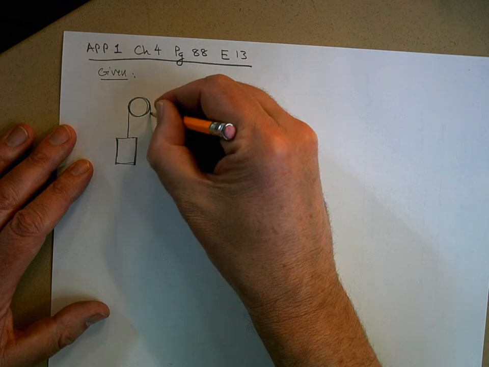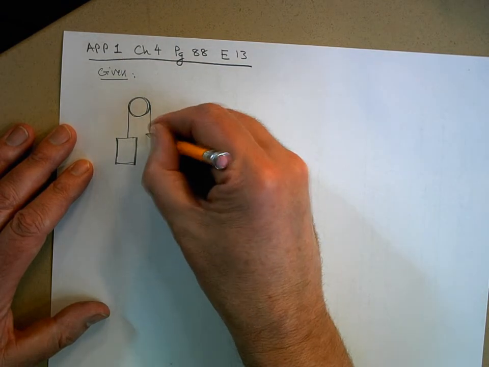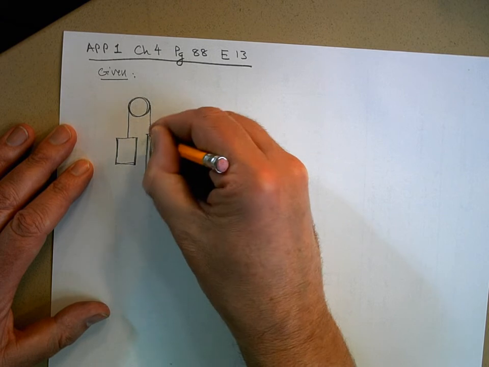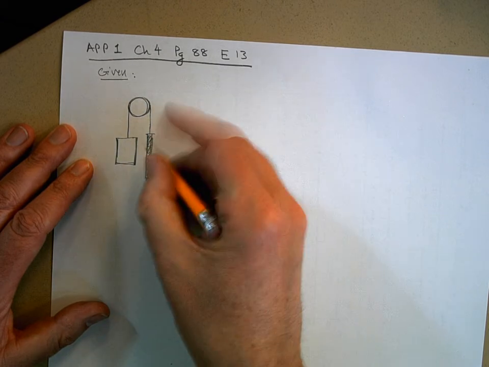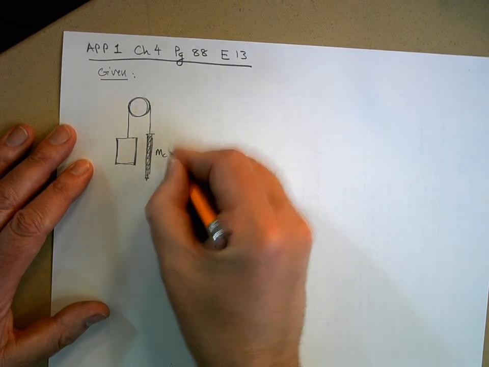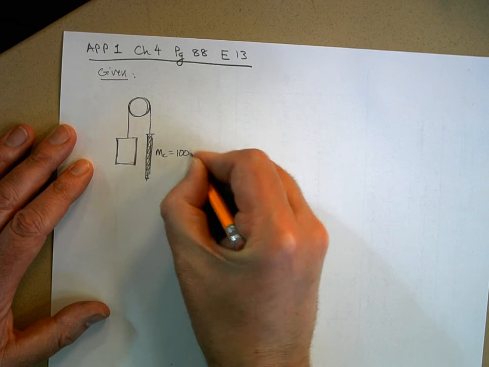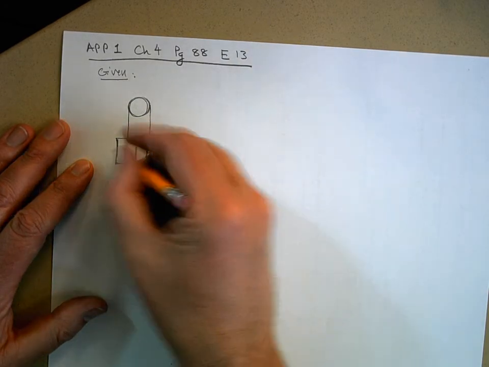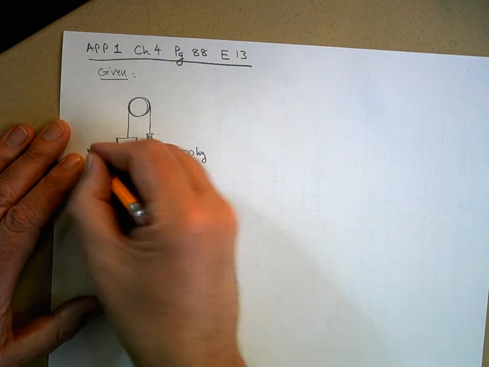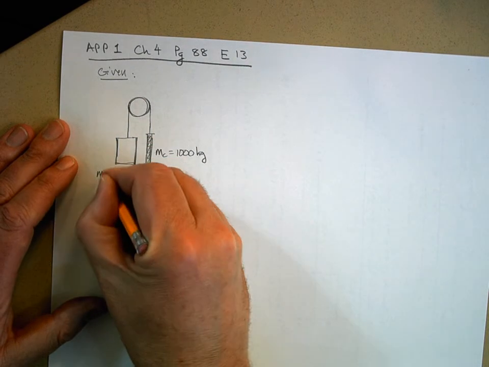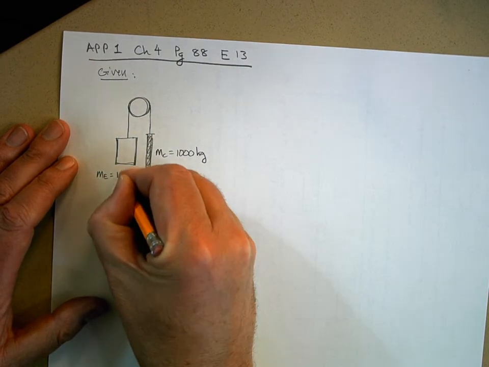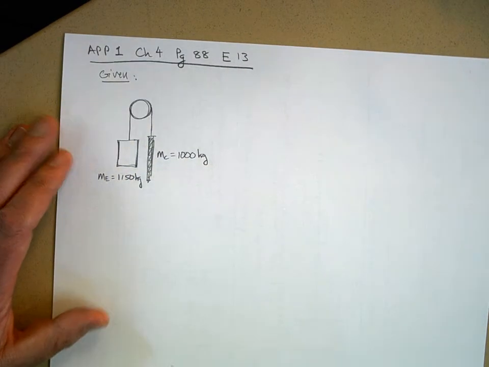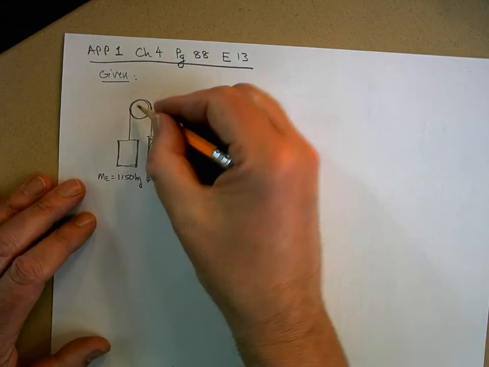And then over here is this counterweight. And the mass of the counterweight is 1,000 kilograms. And the mass of the elevator is 1,150 kilograms.